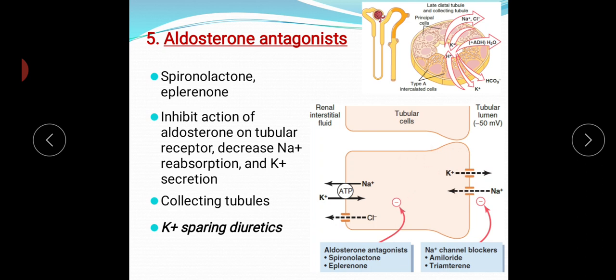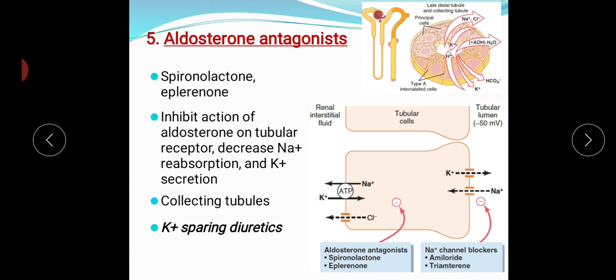So aldosterone will bind with the receptor and increase the permeability for sodium and the secretion of potassium. But the aldosterone antagonists, drugs like spironolactone, will compete with aldosterone for the receptor over these principal epithelial cells, so they will not allow aldosterone to act.